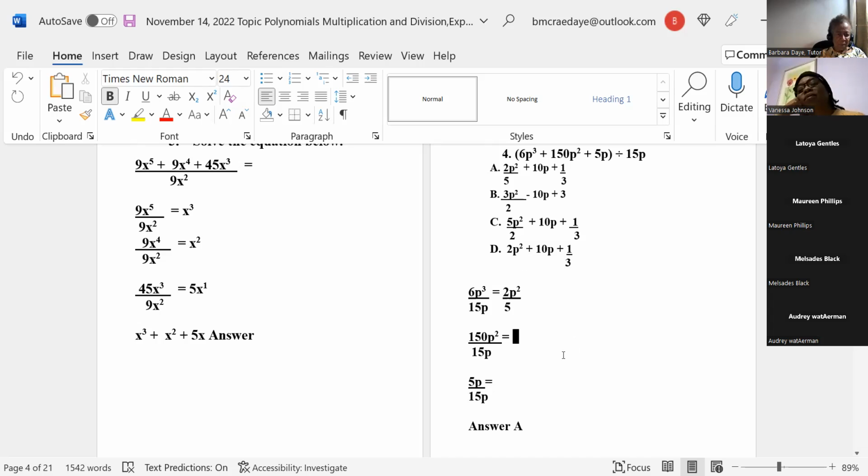I'm not sure yet, but let me try. 150 divided by 15 gives you 10, right? So you divide the coefficients. Now go to your powers: p to the second divided by p to the 1. What does that give you? Just p, p to the 1.